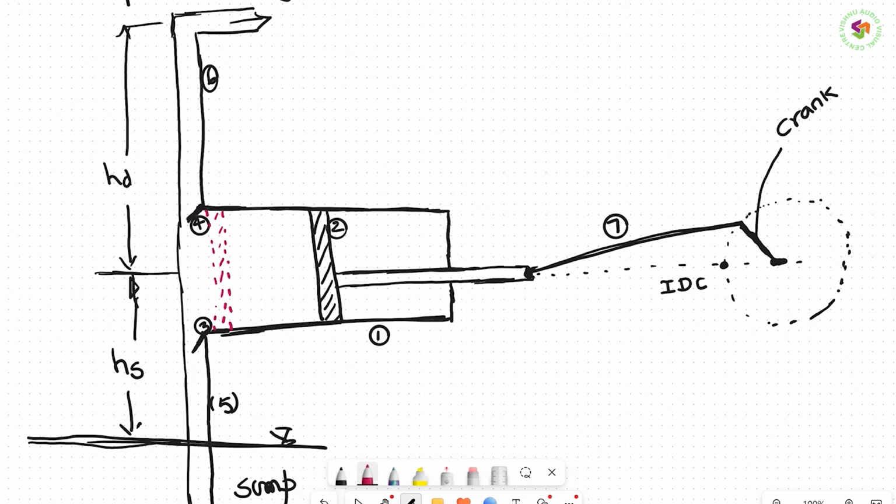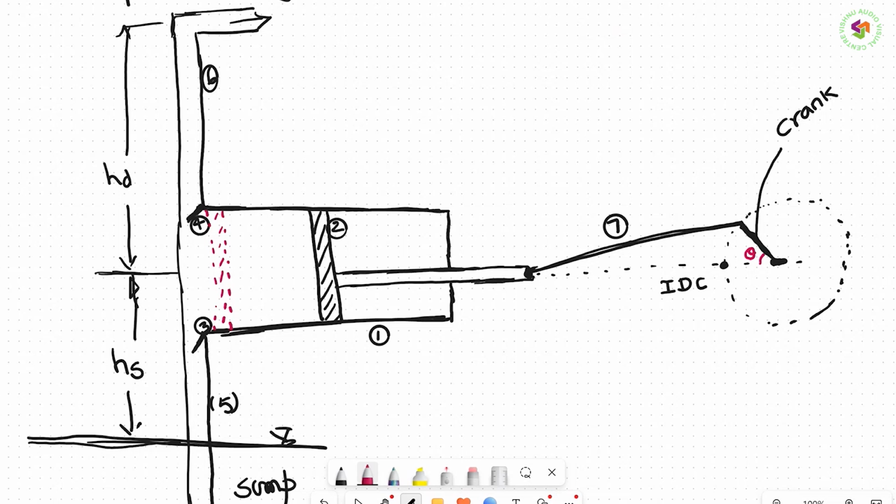Now, because of the motor, the crank starts rotating. When the crank starts rotating, this angle we call theta. When the crank starts rotating, the suction valve gets opened and the water is sucked into the cylinder. It need not be water, it can be any liquid. The liquid is sucked into the cylinder because of the partial vacuum in the cylinder.